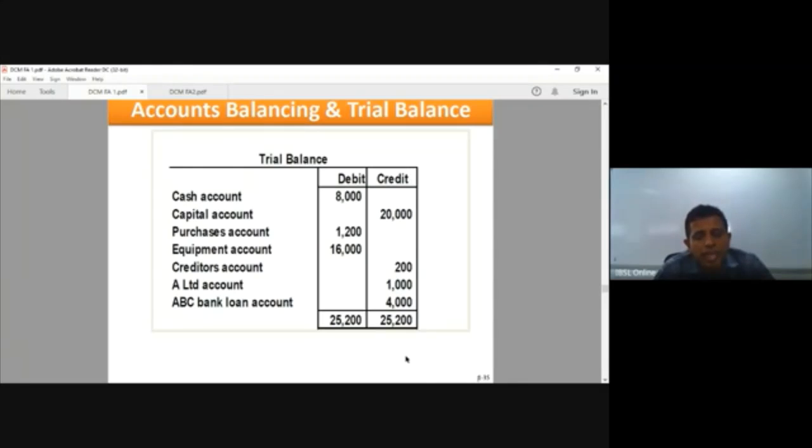That is not a magic. When you put the same value in the debit side and the same value in the credit side, your trial balance will get tallied. But tallying of a trial balance will not reflect 100% accurate accounting, right?